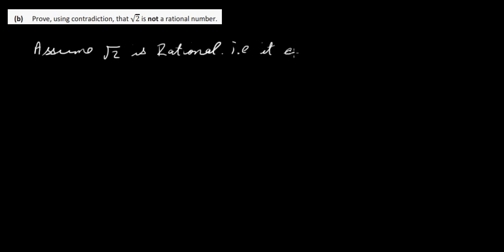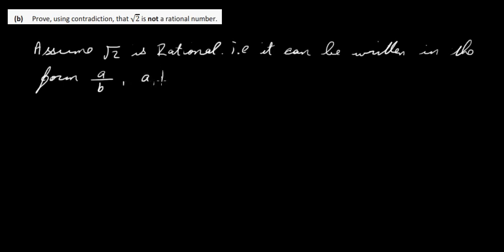It can be written in the form a over b, where a and b are integers, elements of Z, and b is not equal to 0.